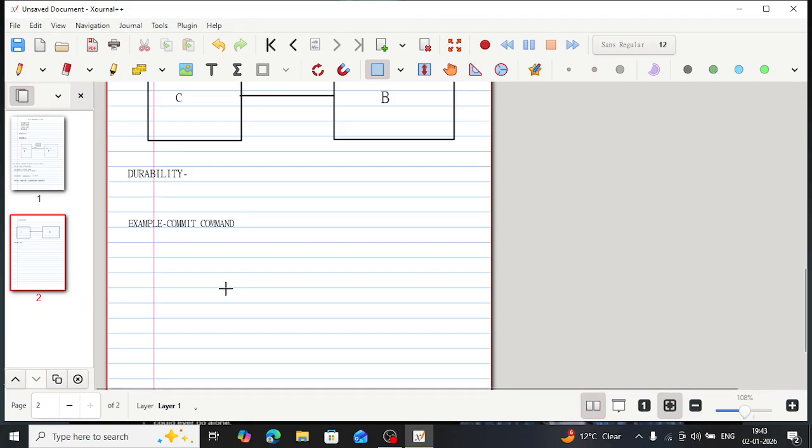When the commit command is not executed, the earlier task is undone by the rollback.